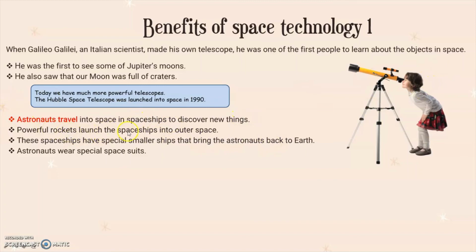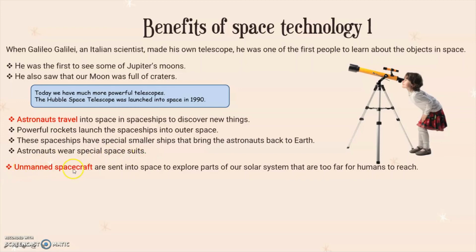Powerful rockets launch the spaceships into outer space. These spaceships have special smaller ships that bring the astronauts back to the Earth. Astronauts wear special spacesuits. Unmanned spacecraft are sent into space to explore parts of our solar system that are too far for humans to reach.